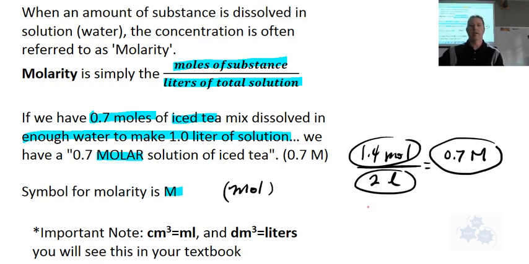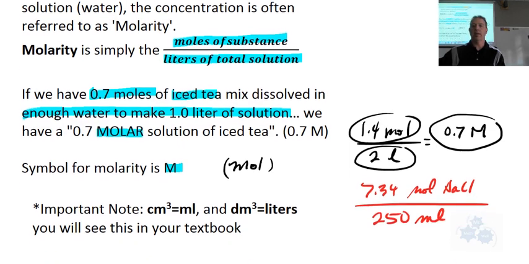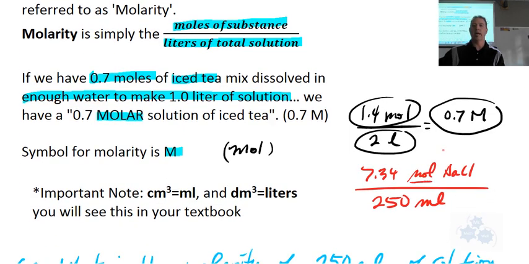Another example would be down here. Let's say we have 7.34 moles of NaCl, and we have that in, let's say, 250 milliliters of solution. Well, that's a little bit different because we have moles, yes, check, but we don't have liters, we have milliliters. So what we need to do is convert 250 milliliters to liters.